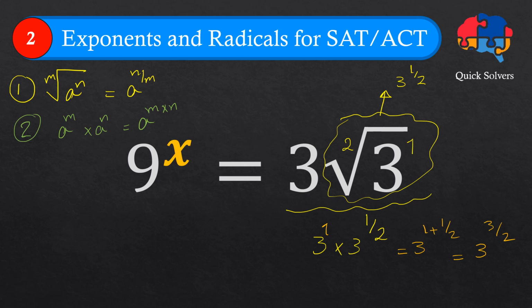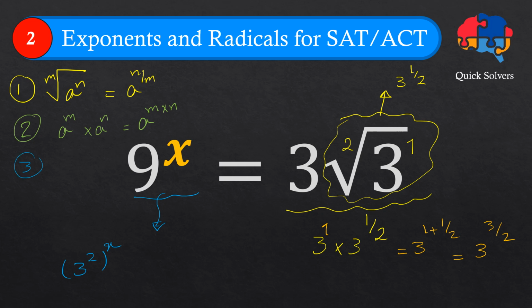Now I'll focus on the left hand side expression here. Before applying the third rule, let's simplify this expression a bit. Instead of 9, I can replace that by 3 to the power of 2. So here we would have 3 to the power of 2 to the power of x.